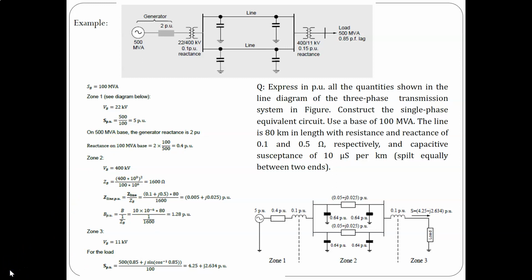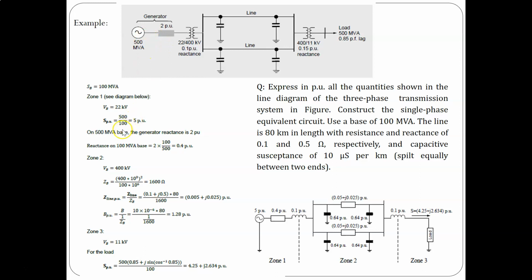So now we first start by dividing the system into zones, and typically here we have 3 zones. Below you can see how we can divide it: zone 1, zone 2, and zone 3, depending on the voltage levels. You then choose a base MVA for the analysis, and here we choose 100 MVA. For zone 1, we choose 22 kV as the voltage base.